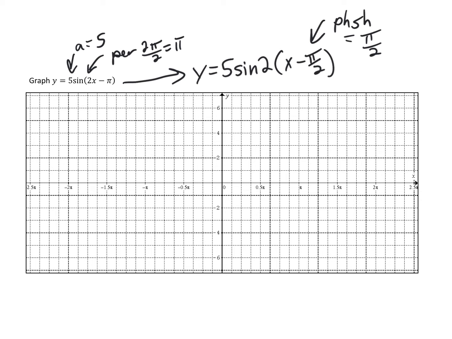So if we were to graph this, let's use green. If we were to graph this without the phase shift, we would have up to 5, down to negative 5, and finish by pi here. So this would be y equals 5 sine 2x without the phase shift. By adding the phase shift, each point has been shifted over.